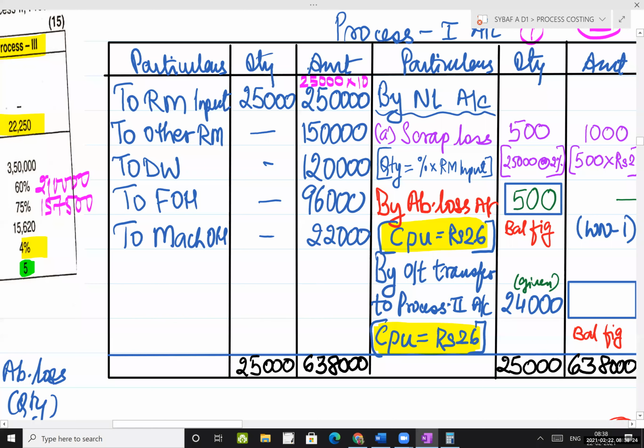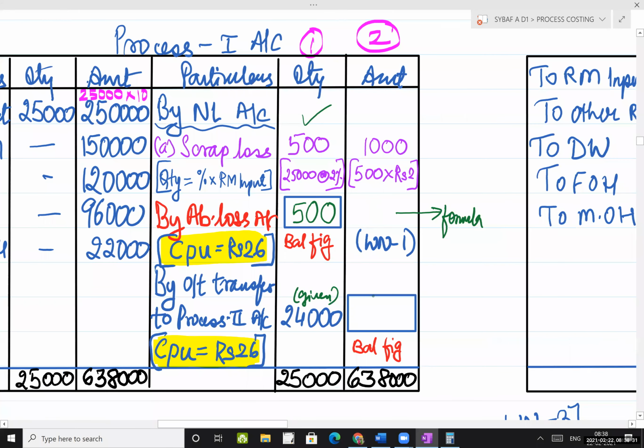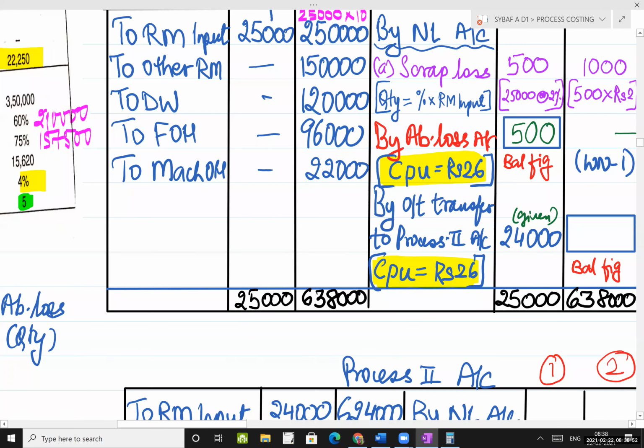Please don't take this 500 and this 24,000, because इसके values unknown है. उनका अमाउंट कॉलम अननोन है, इसलिए इसका क्वांटिटी नहीं लेने का. ओनली 500 आएगा बिकॉज इसका अमाउंट नोन है. एक्चुअली वी आर डूइंग सिंपल मैथ्स, हम लॉजिक लगा रहे हैं. दो अननोन चीज़ होगी तो कैसे फाइंड करोगे, नहीं कर सकते ना. सो दैट दिस इज क्रेडिट मल्टीप्लाइड विद एबनॉर्मल लॉस इन क्वांटिटी.